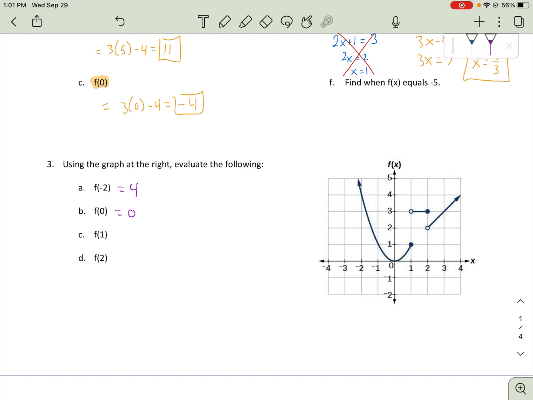When x is 1, which is right here, I get this y value because it's filled in. So that's a y value of 1. Notice how I don't choose this y value because that's not filled in, so that's not actually a y value there. And then f of 2, which is right here, same thing. It's not this one because that's a hole. So the y value I want is the y value of this point, which is 3.